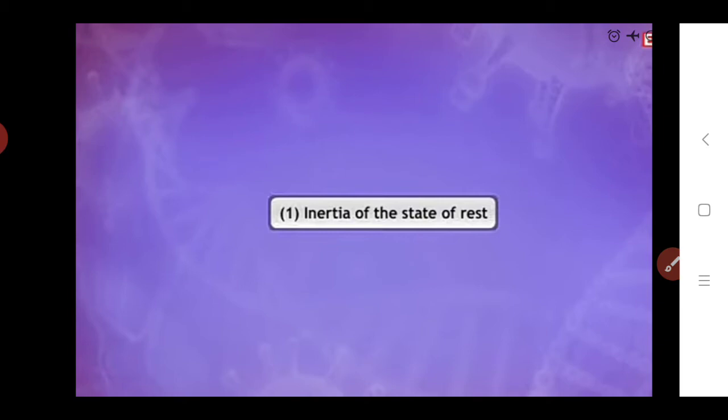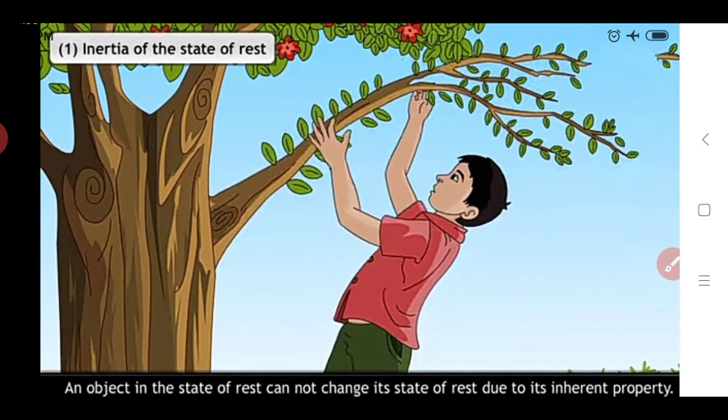So here we see an object in the state of rest cannot change its state of rest due to its inherent property. Okay, if we see the example of this tree, the branches of this tree are as they are, in a stationary state.